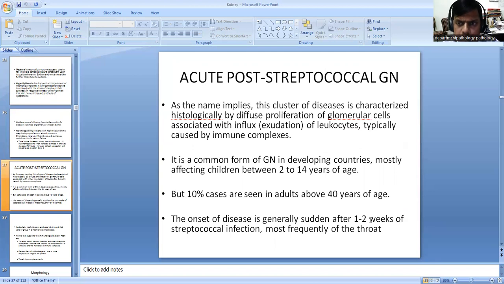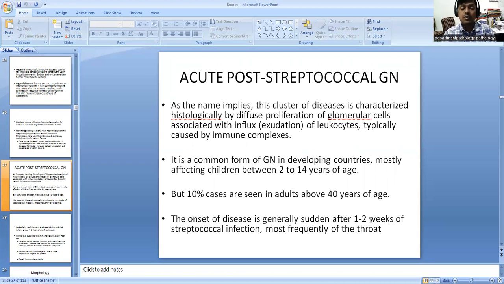Acute post-streptococcal glomerulonephritis, that is acute PSGN. As the name implies, this cluster of diseases is characterized histologically by diffuse proliferation of glomerular cells associated with influx, or rather we can say exudation, of leukocytes, typically caused by immune complexes.